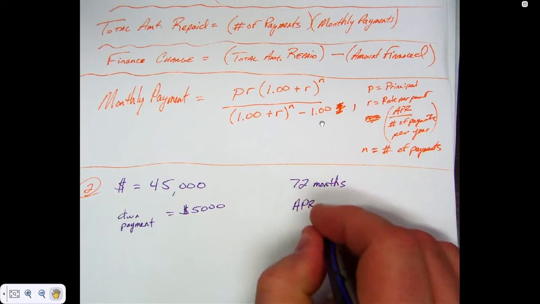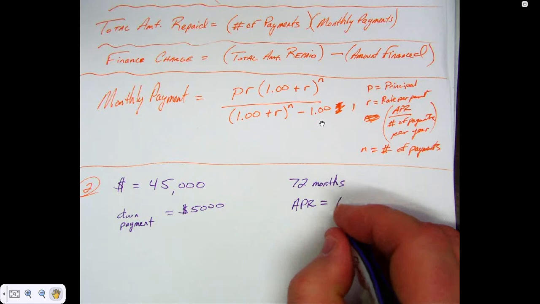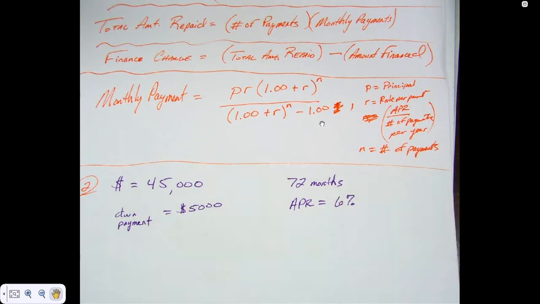APR was equal to 6%. Find Lisa's A, monthly payment, B, total amount repaid, and C, finance charge.